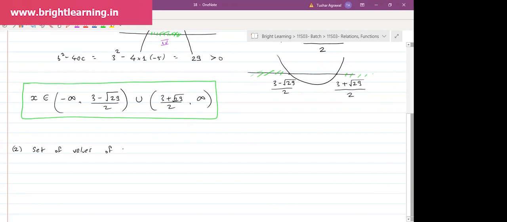The set of values of x for which x square minus modulus of x plus 2 plus x is greater than 0 is?